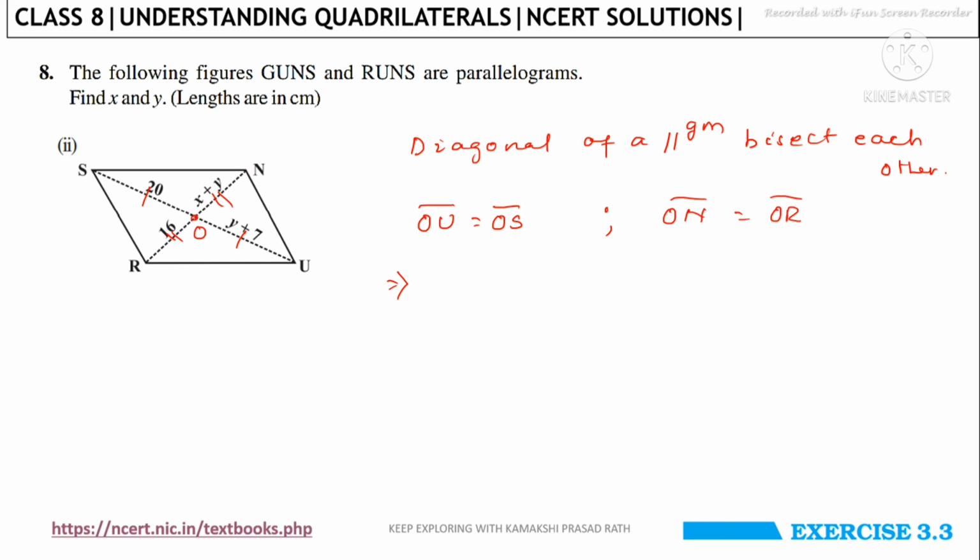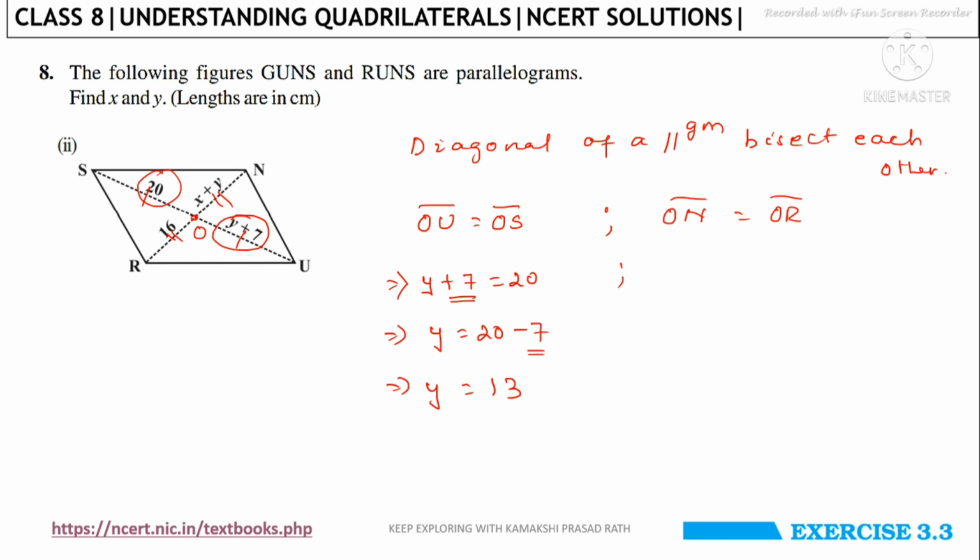So let's see what OU is. OU is y plus 7 and OS is 20. So here we can find the value of y. So y becomes 20 minus 7, because here 7 is added. So we get y equals 13.